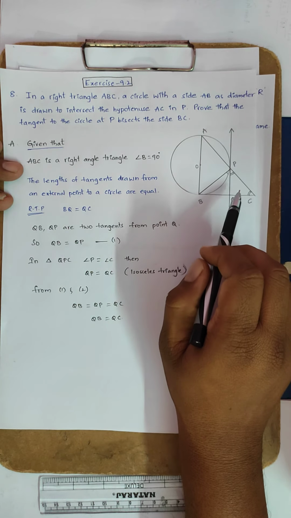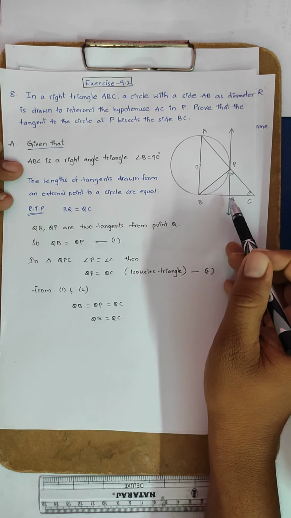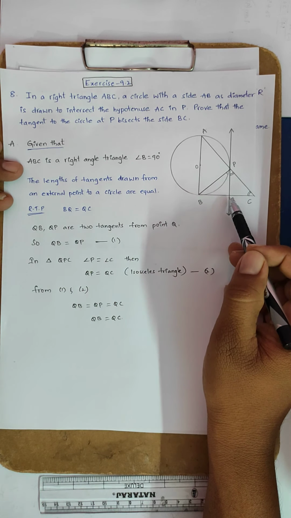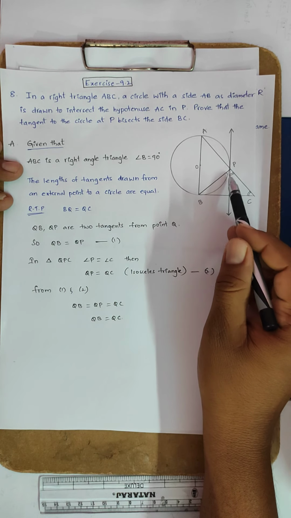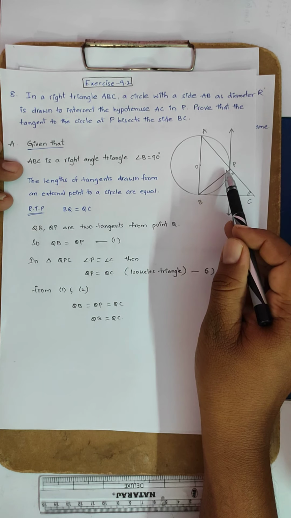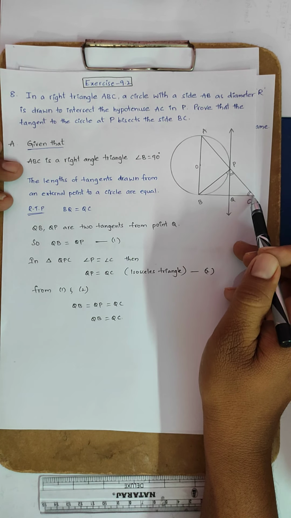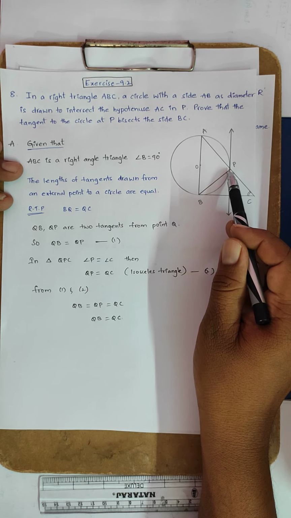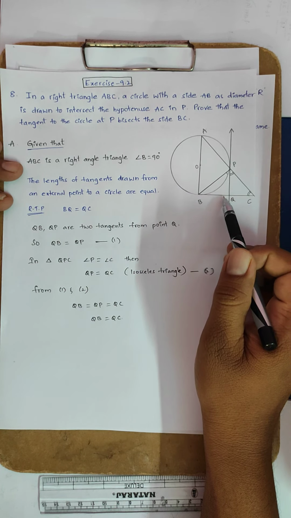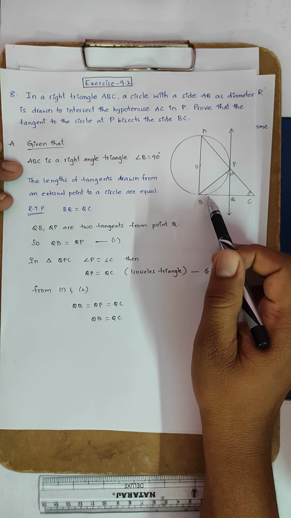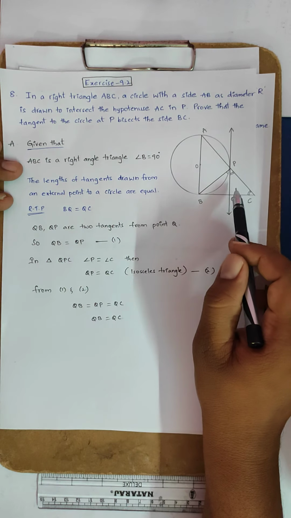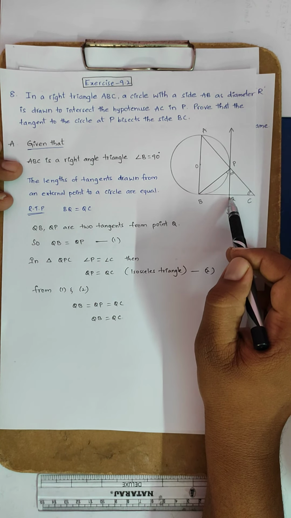See, in this diagram, Q is an external point. Q to P and Q to B, these two are tangents. C to P is not a tangent. Q to P and Q to B are the tangents. So using this theorem, QP is equal to BQ.